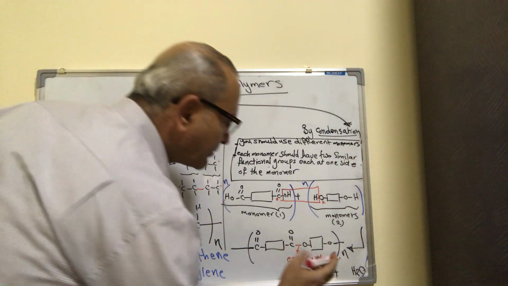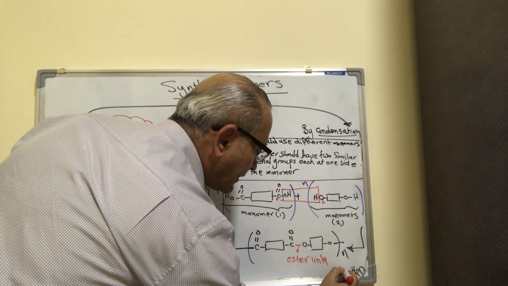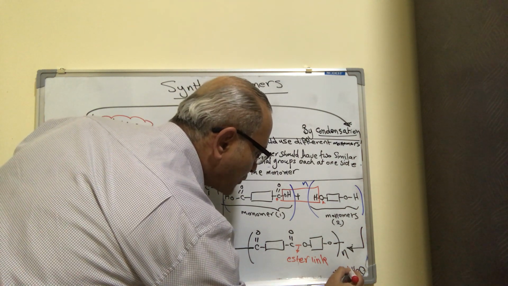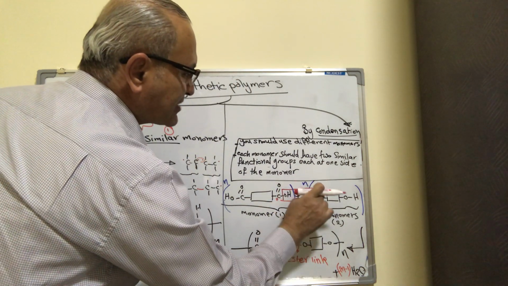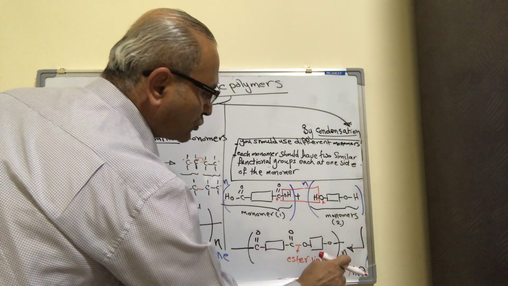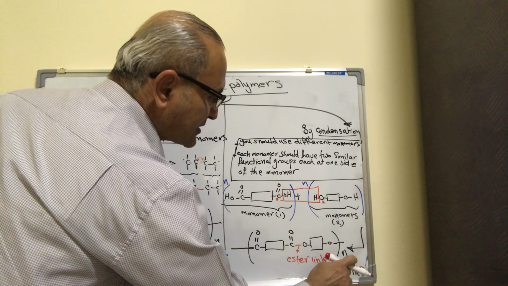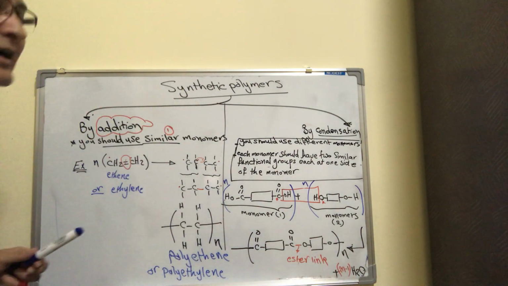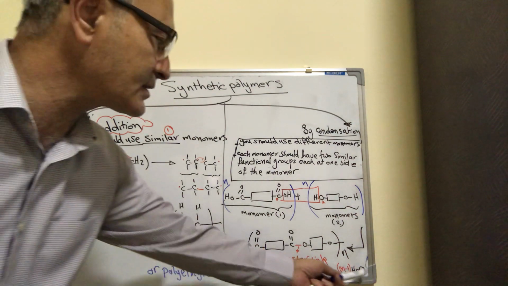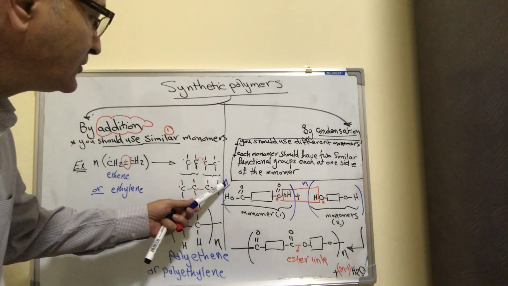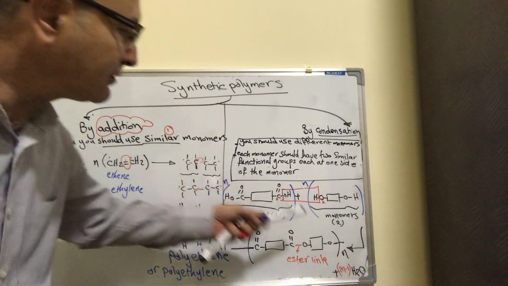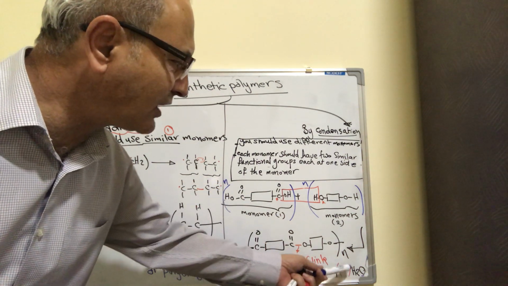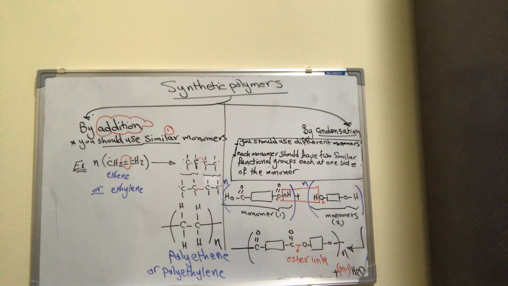You would get 2n minus 1. Suppose n is 1000, you would get 2 times 1000, 2000 minus 1, so you would get 1999 water molecules. Suppose that you have 100 molecules, you would get 200 minus 1, 199 molecules of H2O.